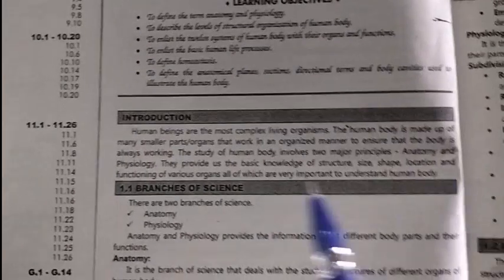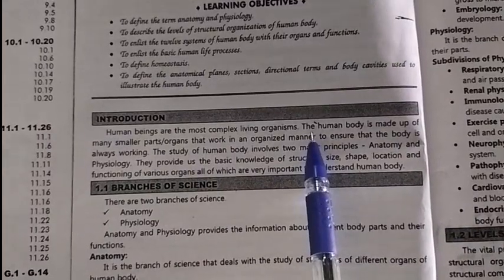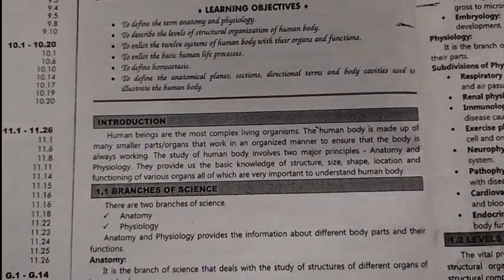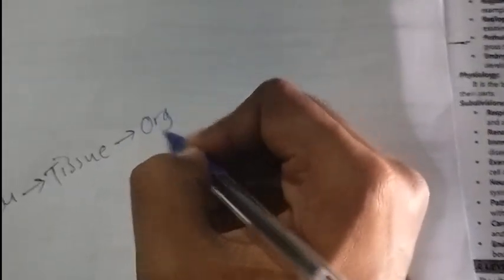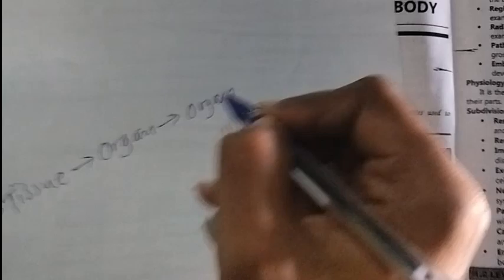Then let's begin. Human beings are the most complex living organisms. The human body is made from a basic unit, that is a cell. Many cells combine together and perform the same function to form a tissue. Then tissues combine together to form an organ, and various organs come together to form an organ system, like the nervous system.